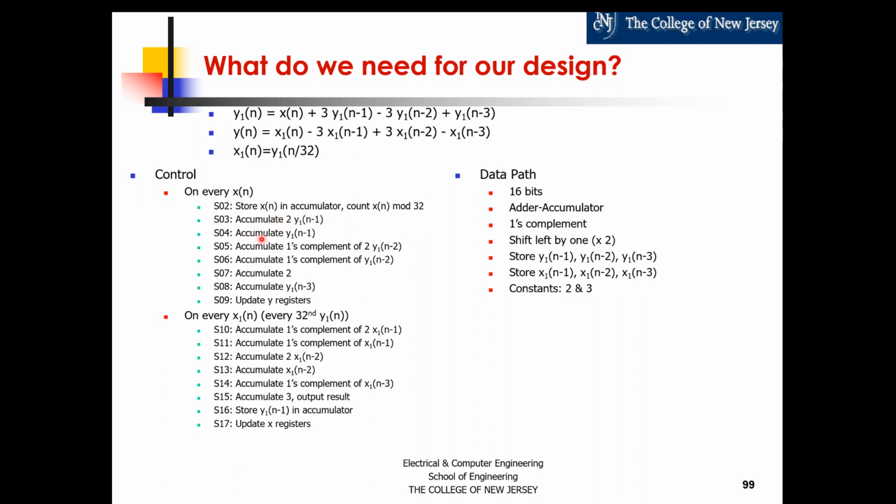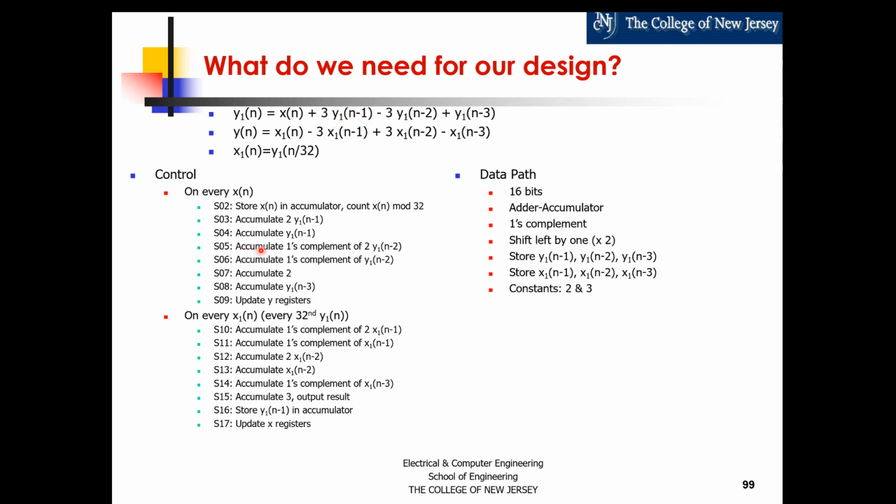Then I'm going to accumulate that quantity again. So you can see that by doing these 2 steps, state 3 and 4, I have this term 3 times, I'm sorry, this one, 3 times y1 of n minus 1.